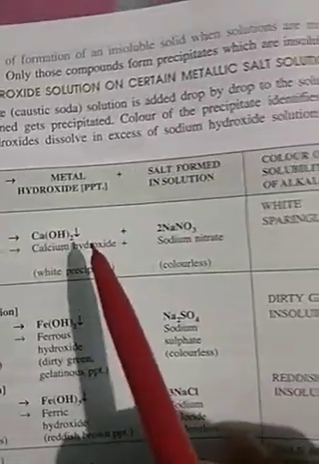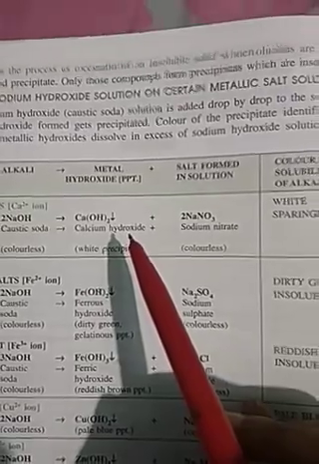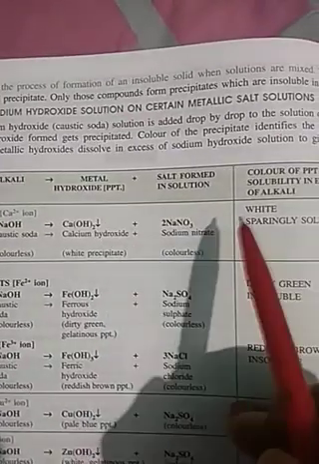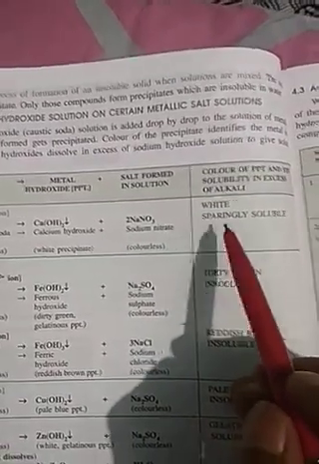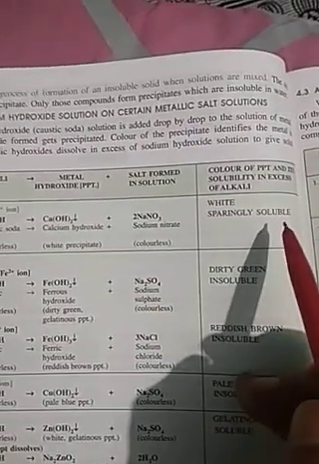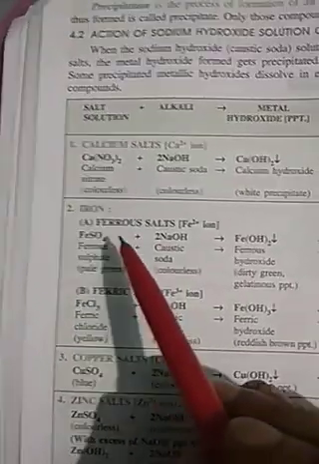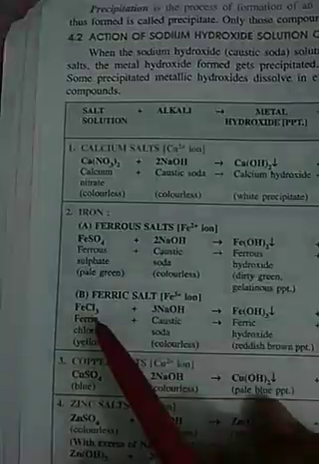See here, calcium nitrate forms calcium hydroxide, but when excess sodium hydroxide is added, that precipitate is sparingly soluble. Similarly, this is ferrous sulfate and this is ferric chloride.